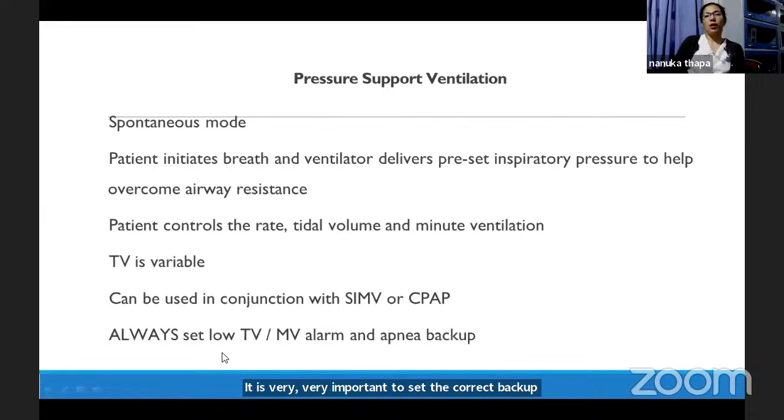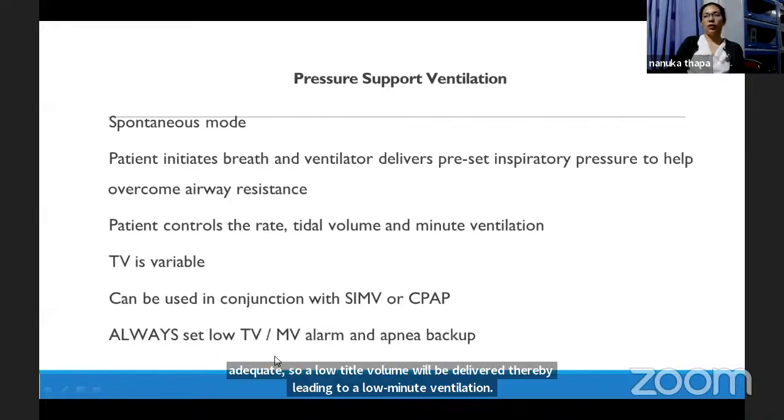So we need to set a low tidal volume alarm. Suppose the patient is not initiating a sufficient amount of negative intrathoracic pressure. Over here, the pressure support given by the ventilator may not be adequate. So a low tidal volume will be delivered, thereby leading to a low minute ventilation. So these alarms have to be set with due consideration.